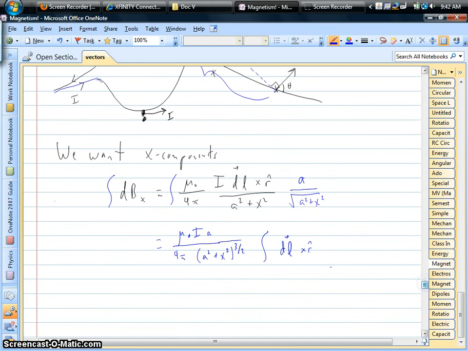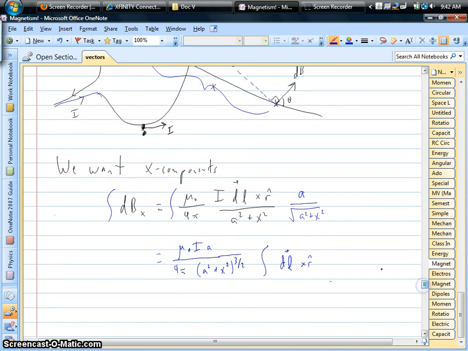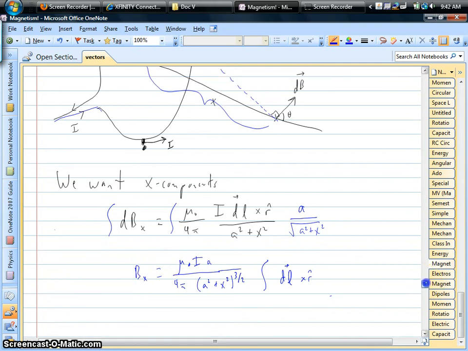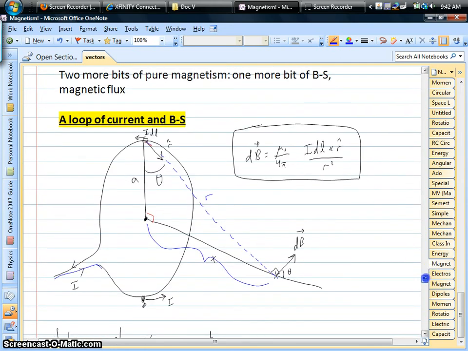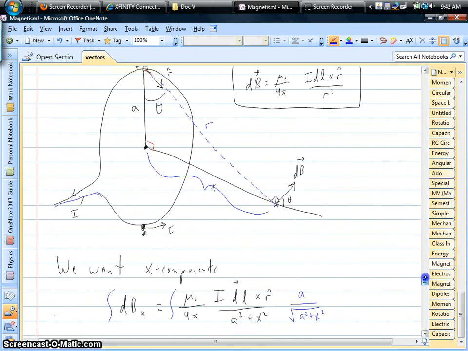That's really the only thing we have to try to figure out how to solve. And even that's not so bad in the end, because if we go back to our picture, we need the angle between the current and this r hat. Well, that turns out to be a right angle.